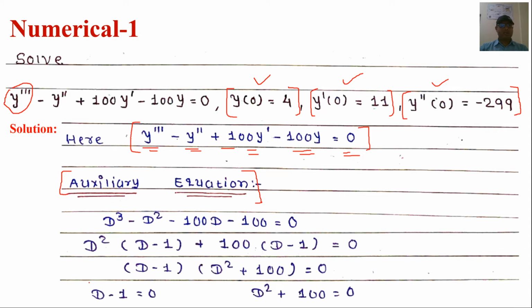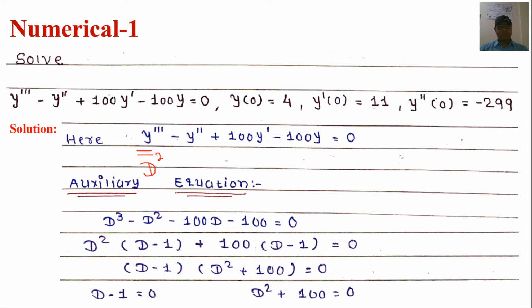To write the auxiliary equation, first of all, here is y triple dash, so it is written as D cube, minus, here is y double dash, so it is written as D square, plus 100, here is y dash, so it is D, minus 100 is equal to 0, and remove this y. Now from the first two terms, we obtain the first auxiliary equation.